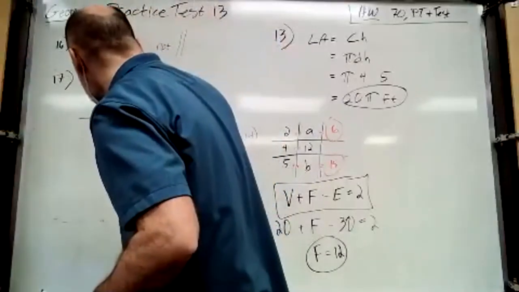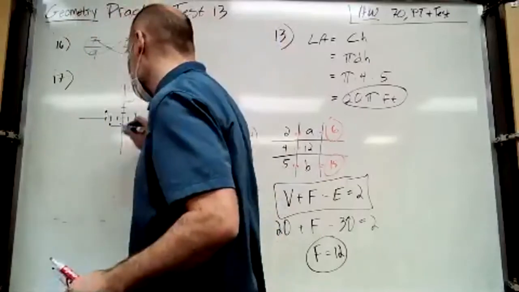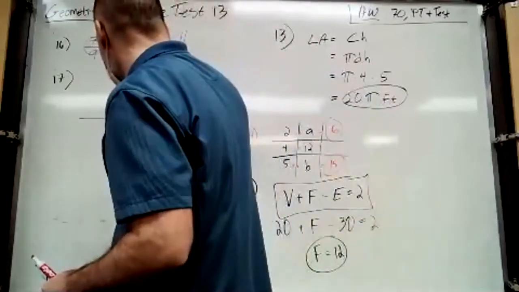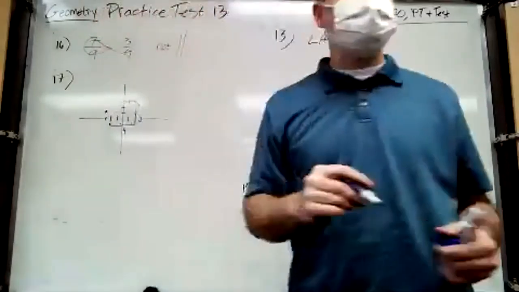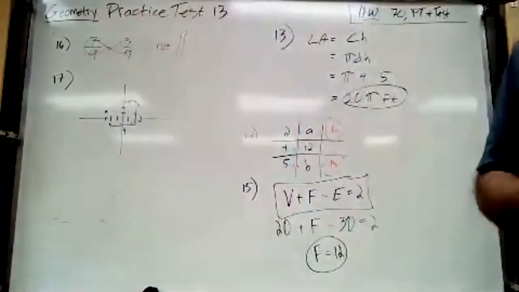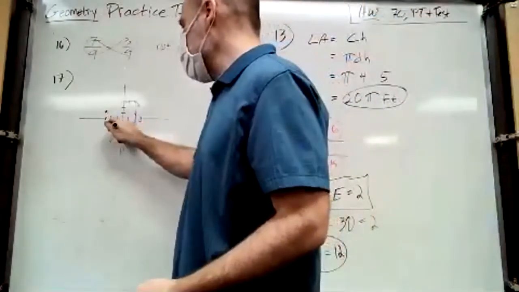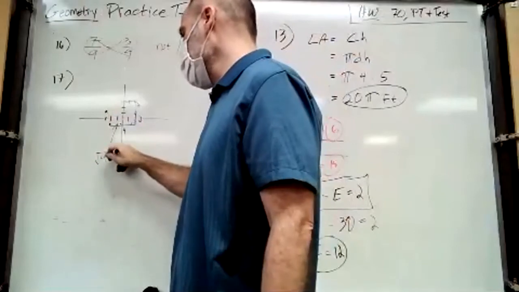That is a 2 by 4 right triangle. Do you see it? And then this one is a 1 by 2 right triangle. This distance is going to be the square root of 4 squared plus 2 squared.